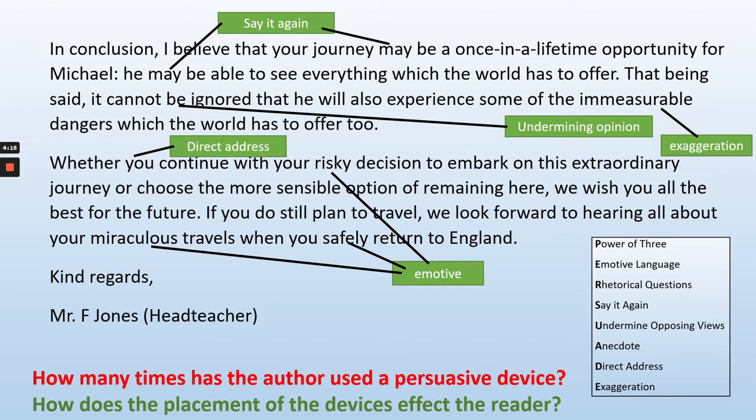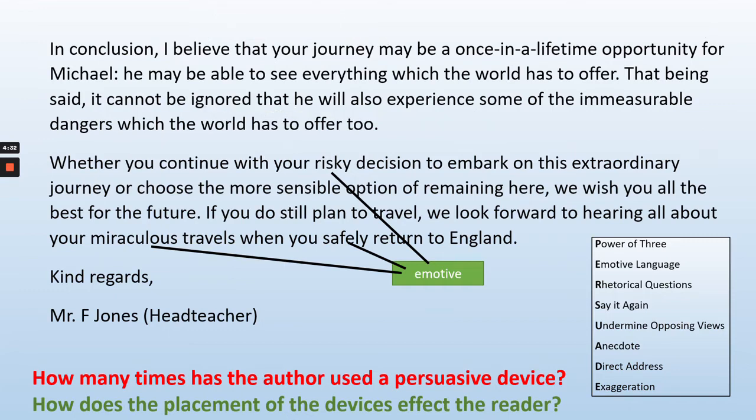So now I'd like to pause your video again and think about where certain persuasive devices have been used. Did you notice how the emotive language was mainly used in that final paragraph?